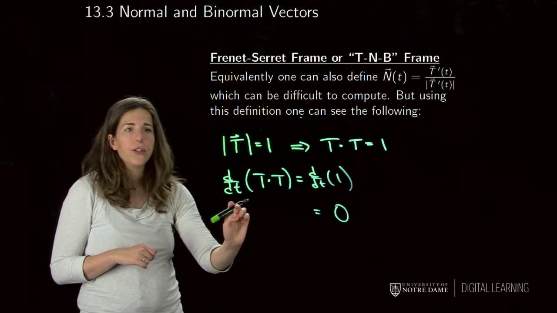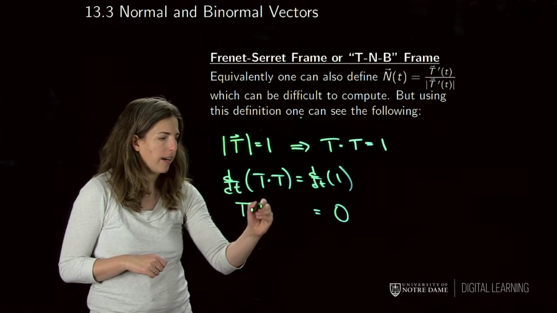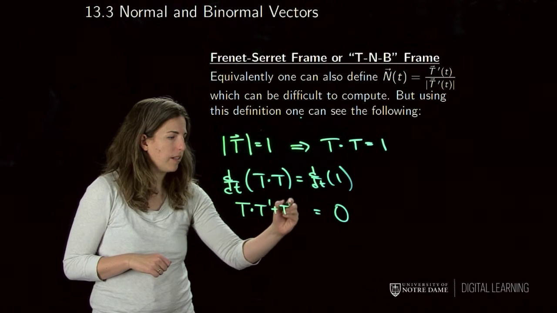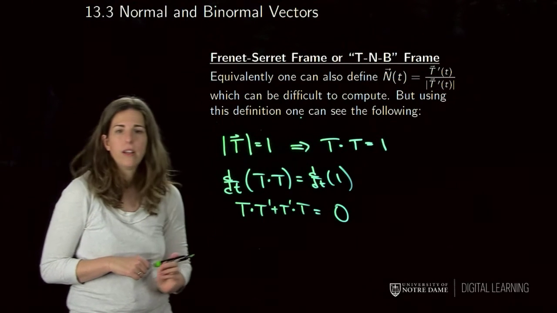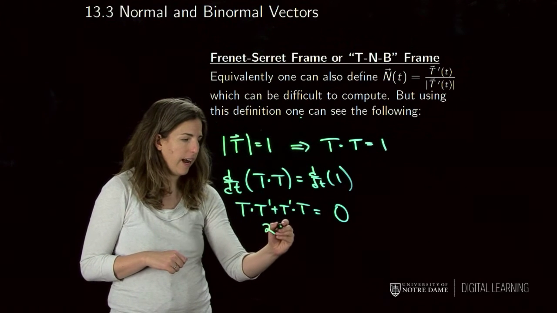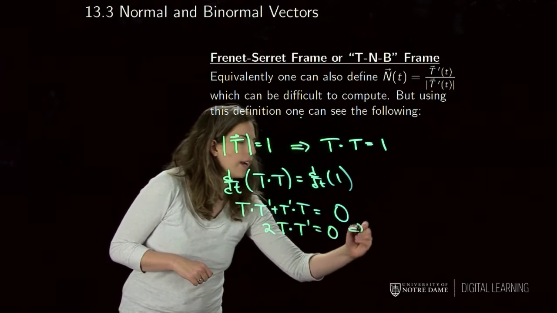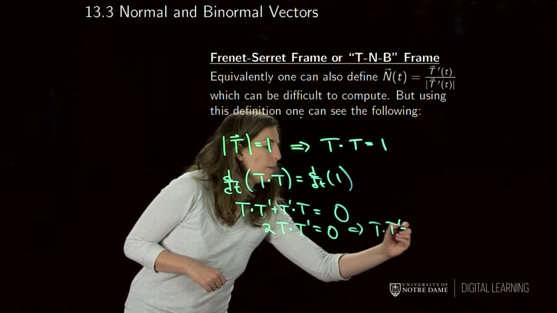But when I apply the derivative to this dot product, what I get is T dot T prime plus T prime dot T. Since the dot product commutes, this tells us that 2 T dot T prime is equal to 0. That can only happen if T dot T prime is equal to 0.